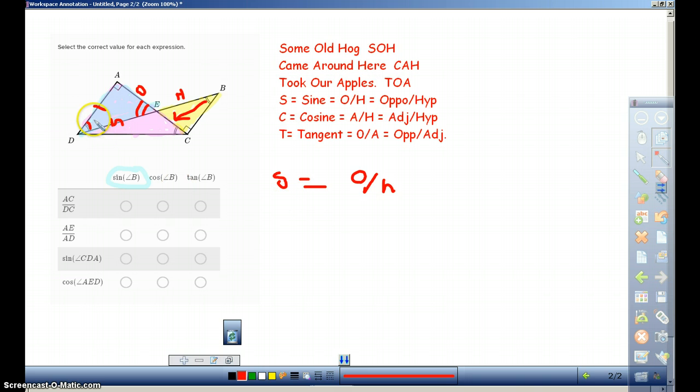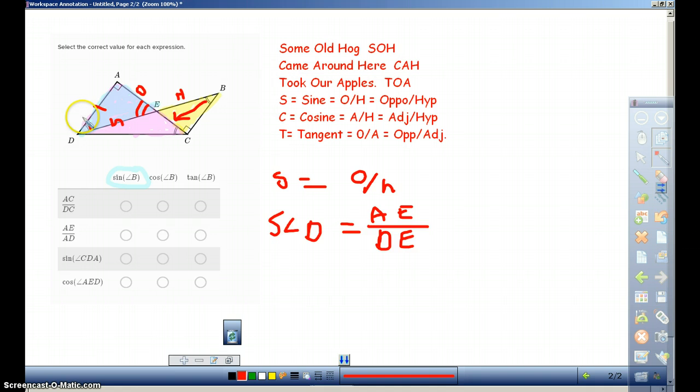The sine of angle D would be equal to the opposite of angle D, that's AE, over the hypotenuse, which is DE. So my opposite over my hypotenuse, that's the sine of angle D.